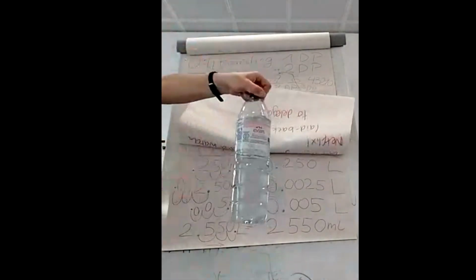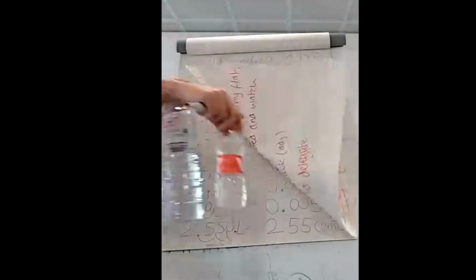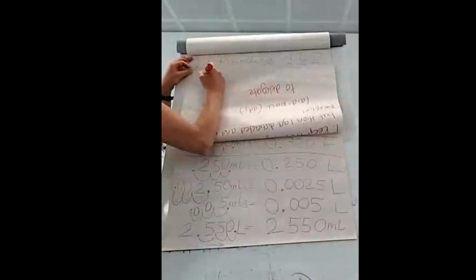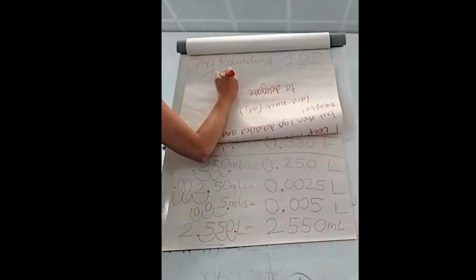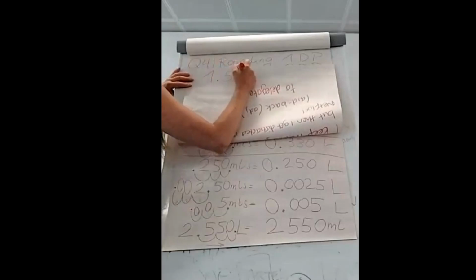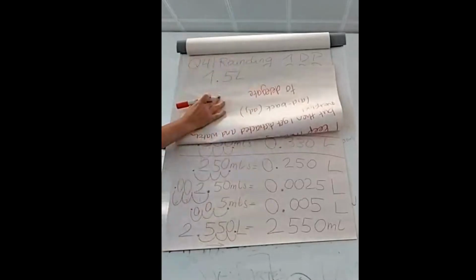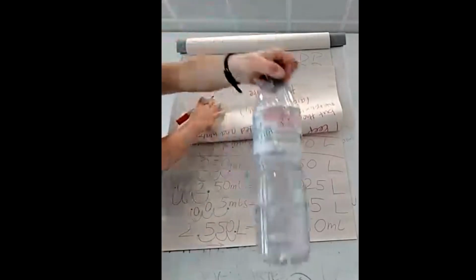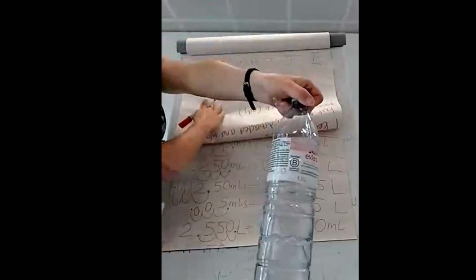Miracle. So this is 1.5 liters. That is a lot bigger. So it says on the bottle 1.5 liters. That's exactly what it says on the bottle, as you can see.